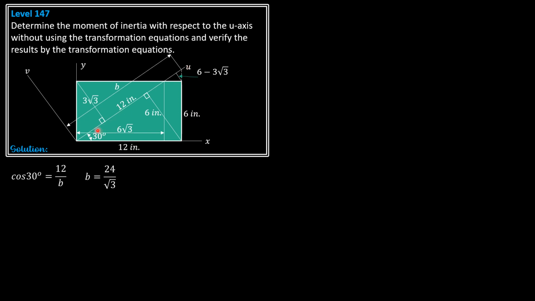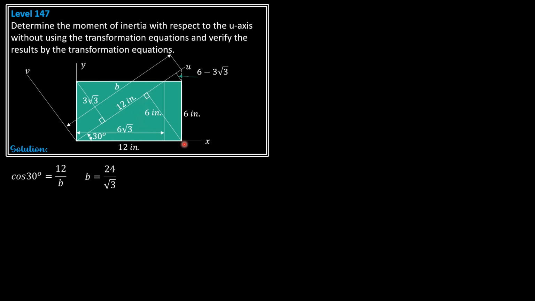So we can now compute I sub u. It is just the moment of inertia of the three triangles about the base, which is base times height cubed over 12. But the bases are different for the three triangles. Then this one we have to subtract. For the biggest triangle, the base is B, and B is 24 over square root of 3.